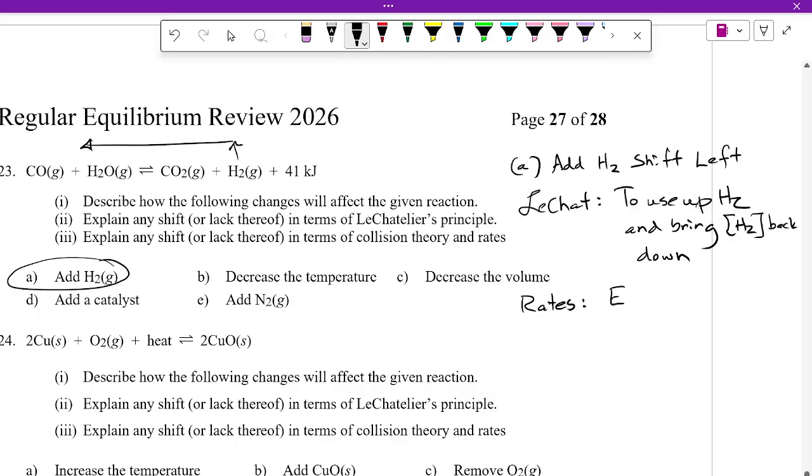In terms of rates, the extra H2 causes more collisions in the products. Therefore, the reverse rate increases.